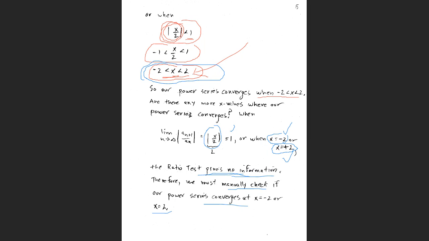I guess I am still confused why we decided to assume that the absolute value of x over 2 was less than 1. Well, it has to do with the fact that a geometric series converges if its common ratio is less than 1.